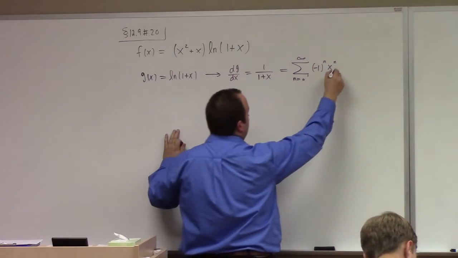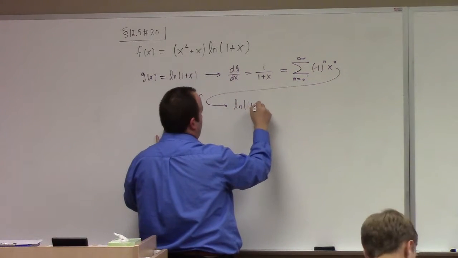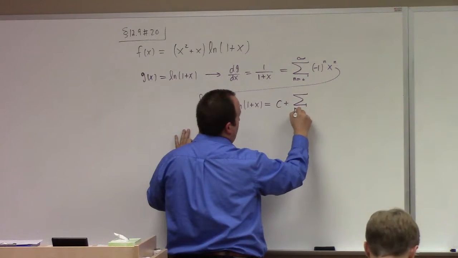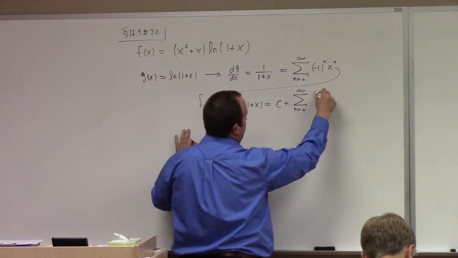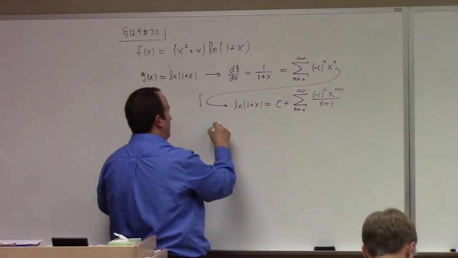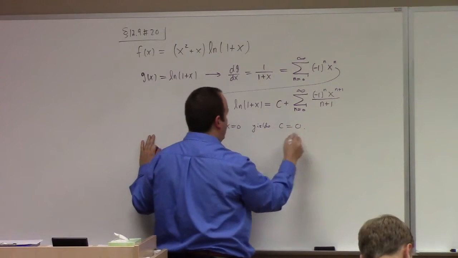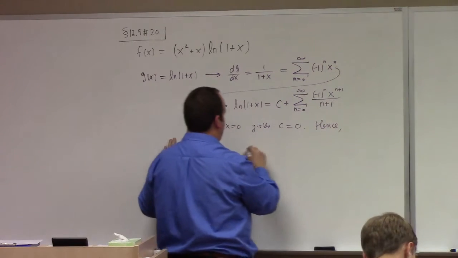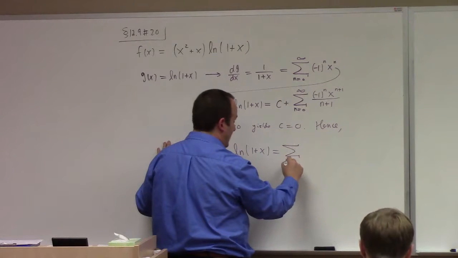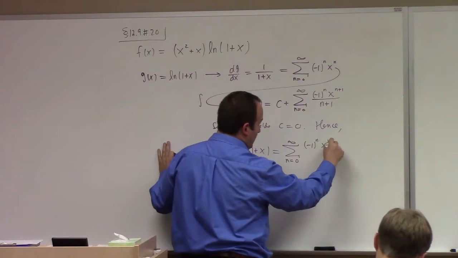And then I integrate to get back to the natural log of 1 plus x equals some constant plus the sum n equals 0 to infinity of minus 1 to the n, x to the n plus 1 over n plus 1, but setting x equal to 0 yields c equals 0, hence the log of 1 plus x is the sum n equals 0 to infinity of minus 1 to the n, x to the n plus 1 over n plus 1.